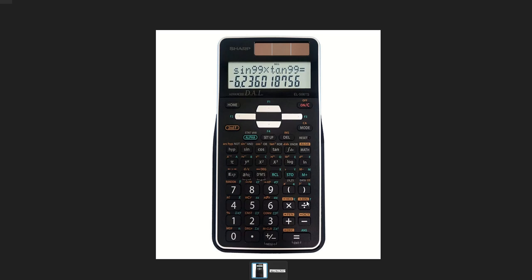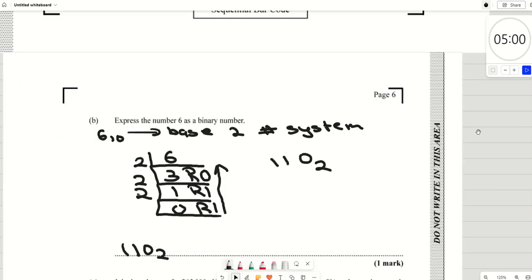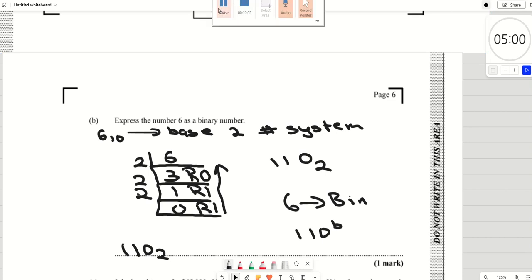So you're going to put 6 first, which is the base 10 number, then press second function, the key that has BIN over it. And that will convert the 6 to your binary number, and you'll get something like this: 6 arrow BIN, and the answer would be 110B, which means base 2, basically. And that's how you would do it on your calculator to check.